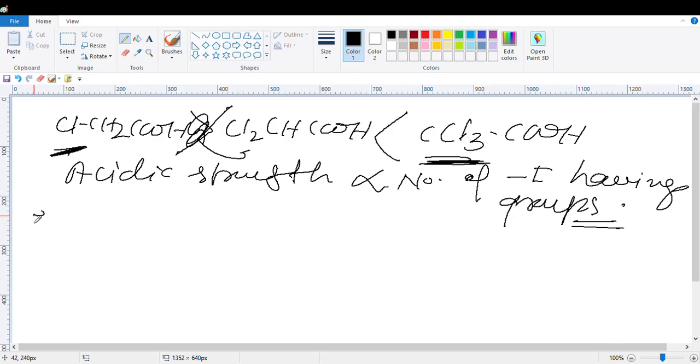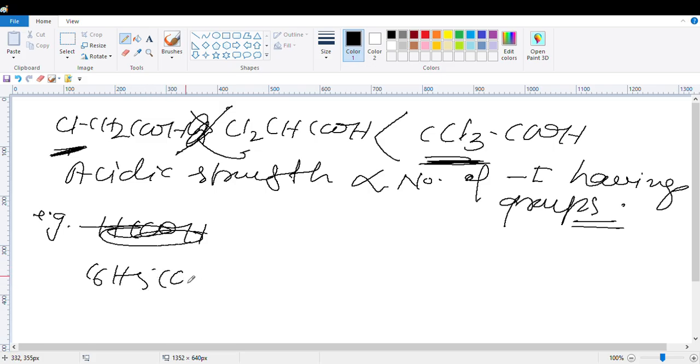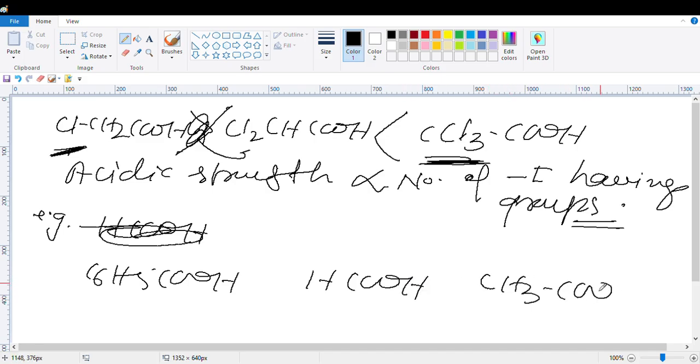One more example we are taking: benzoic acid, formic acid, and acetic acid. So here you must remember that the phenyl group is a minus I having group.